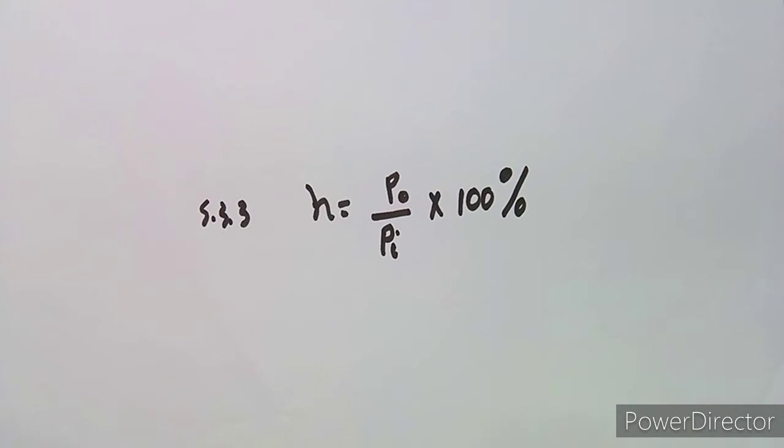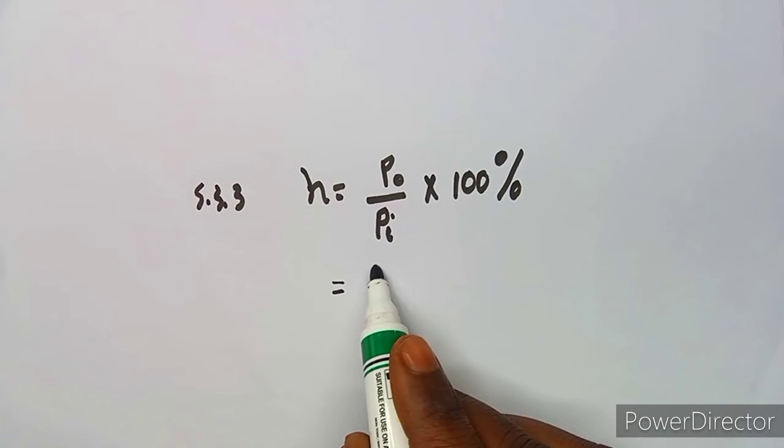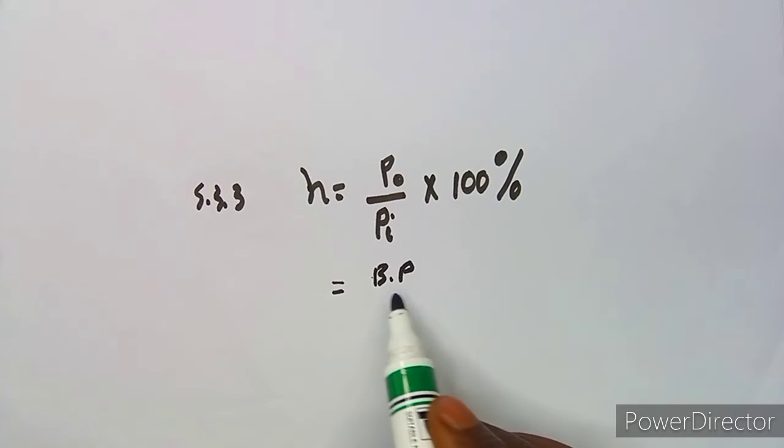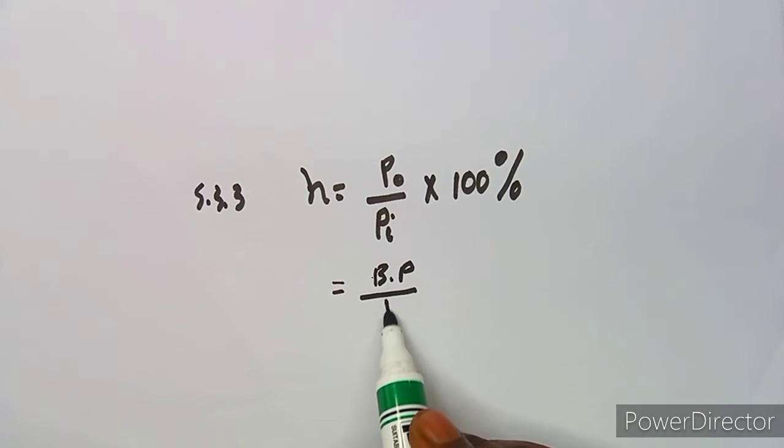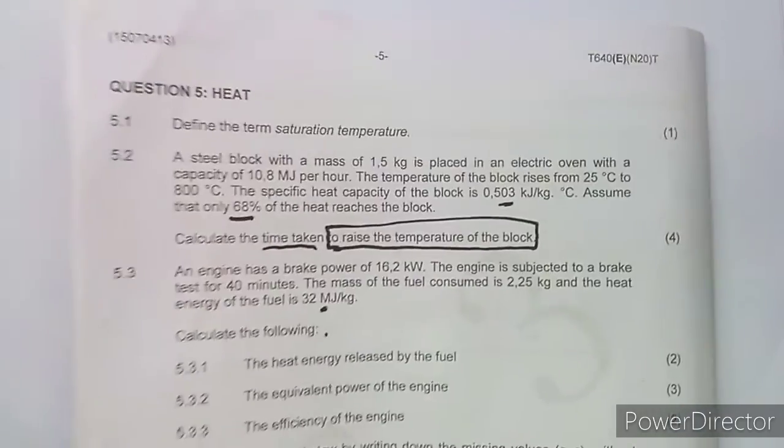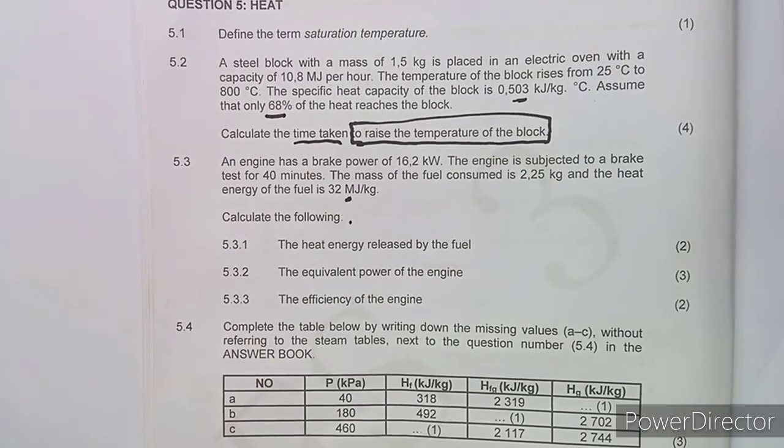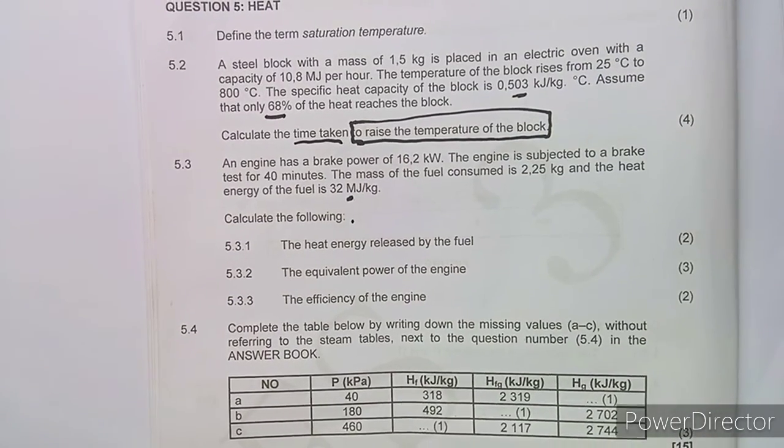So what is going to be your output power? The output power in this case is the brake power, over the input power, which is the normal power that was taken by the engine, and then it releases the brake power, which is the output.